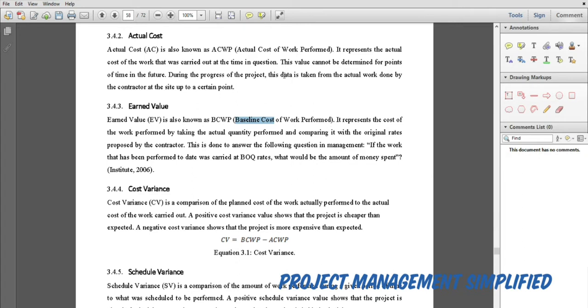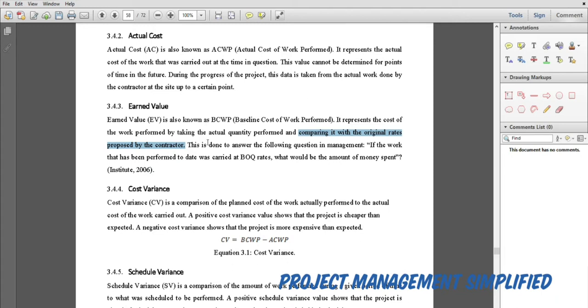This is the difference between these two measurements: the actual cost and earned value. It represents the cost of the work performed by taking the actual quantity performed and comparing it, not against the actual cost, but against the planned cost or the planned price that we have already submitted, the original rates proposed by the contractor.